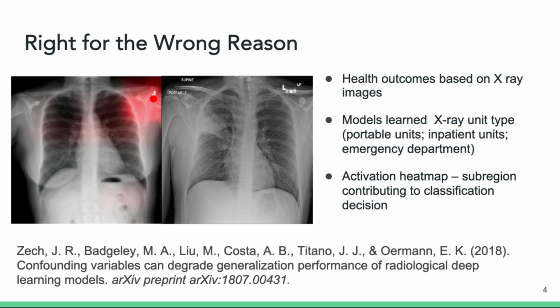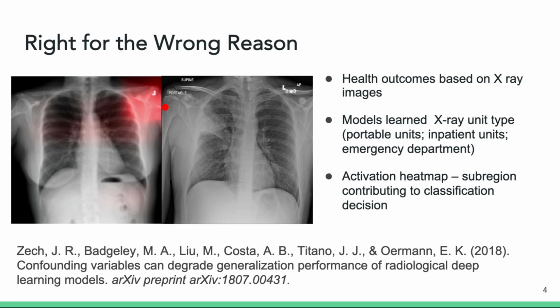Interestingly, the algorithm based its prediction on the text representing the type of unit. So the text portable became a proxy for patients too sick to move, and the X-ray unit had to come to them. The text emergency became a proxy for patients needing an X-ray image in an emergency setting.